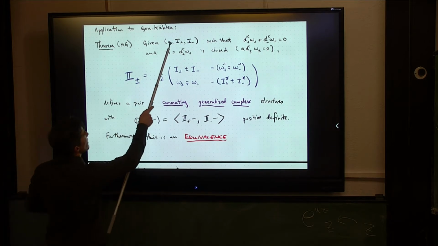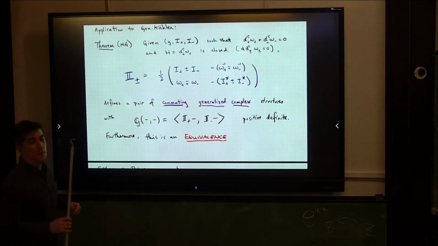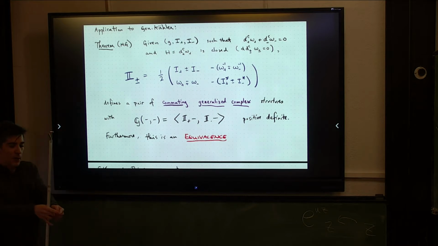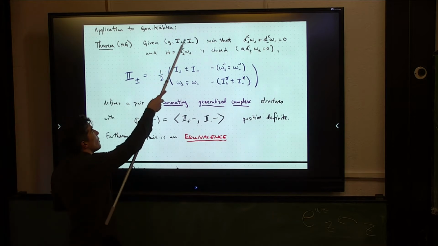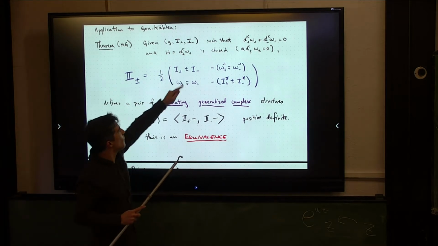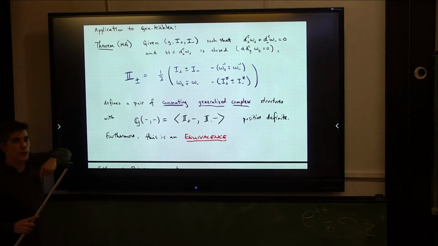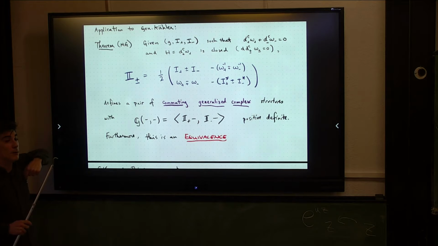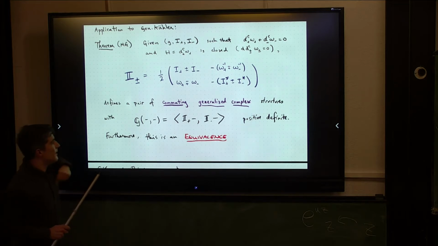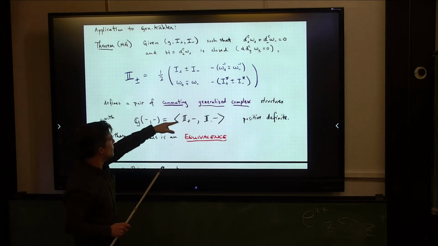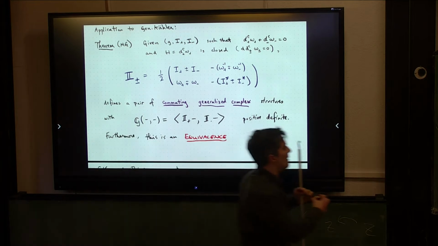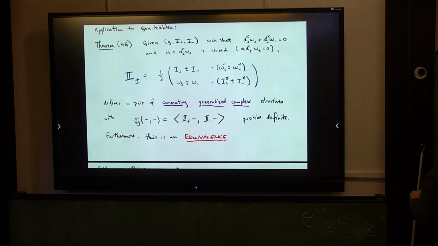So these complex structures are very far in principle from commuting. They might commute at one point and they may not commute at another point. They're not algebraically related in any way, these two complex structures. But when you combine them in this way, they commute. Okay, and then what you can do is use both of them just in the same way that on a Kähler manifold, we have two structures.